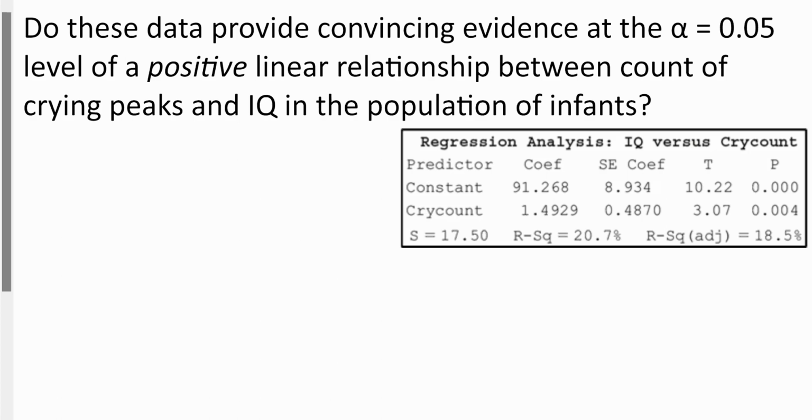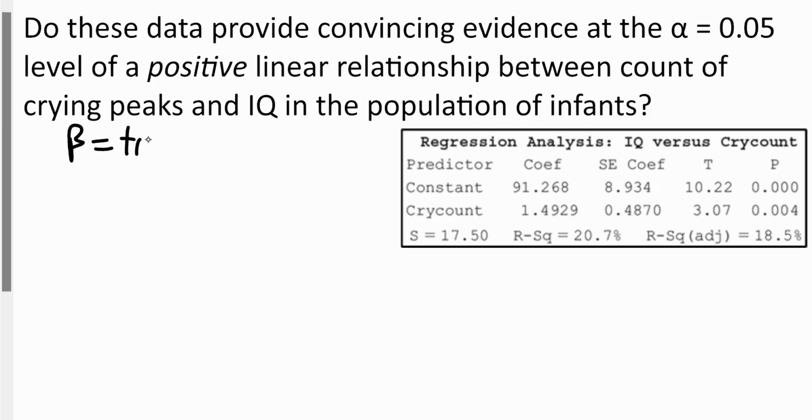I'm giving you a computer printout. You still have to go through the different parts of a hypothesis test to do this, but you can use the information given in this computer printout. So make sure that first you identify your beta.